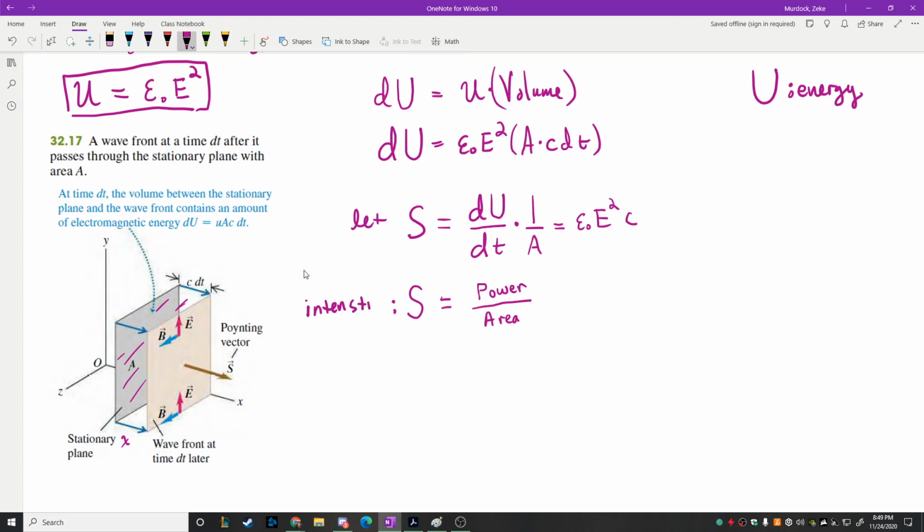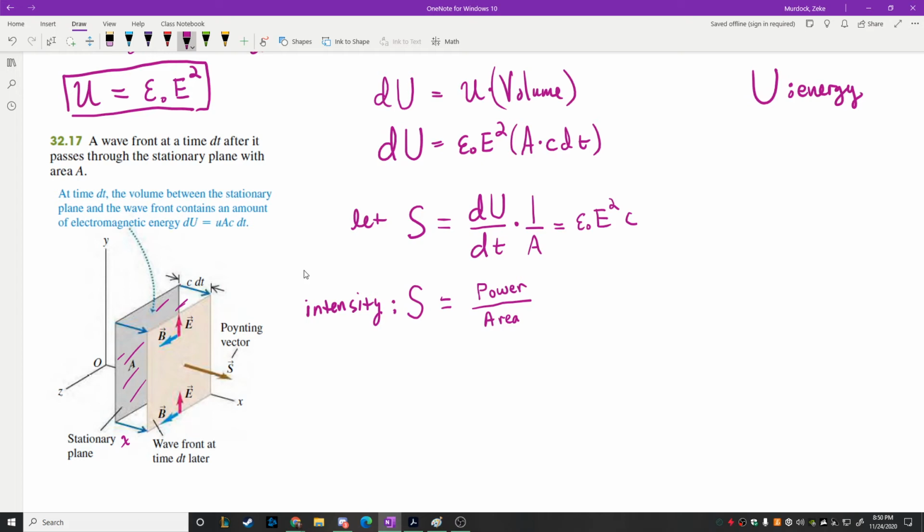If you have an object that has really high power and really low area, it's going to produce a really intense amount of energy. A good example of this is if you stand right next to a speaker at a rock concert, it's going to produce a really intense sound. I did not spell intensity right. I don't know what's going on with my writing today. If you stand really close to a speaker, all of the power from that speaker is focused in a really tiny area, and it's extremely loud.